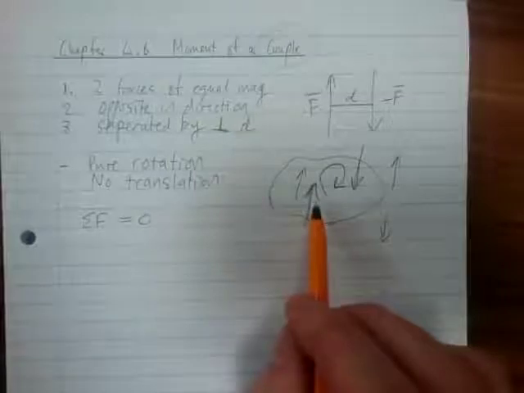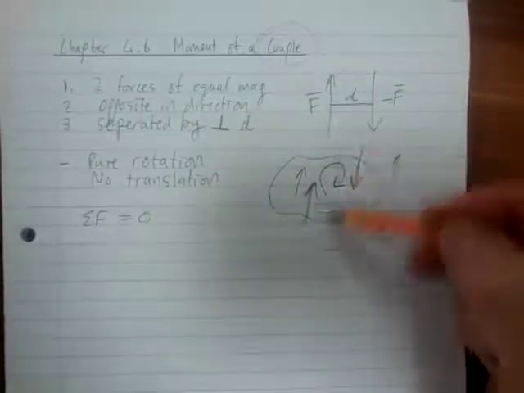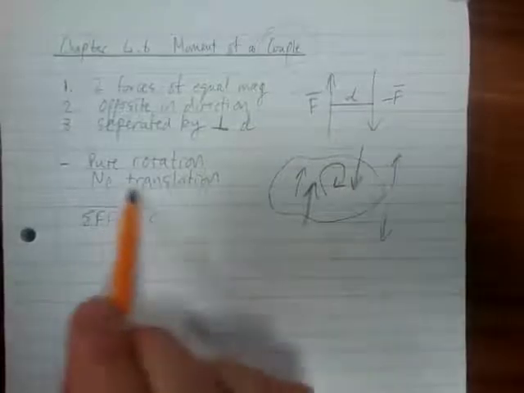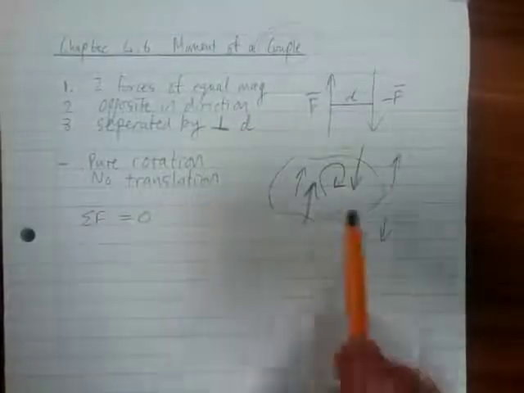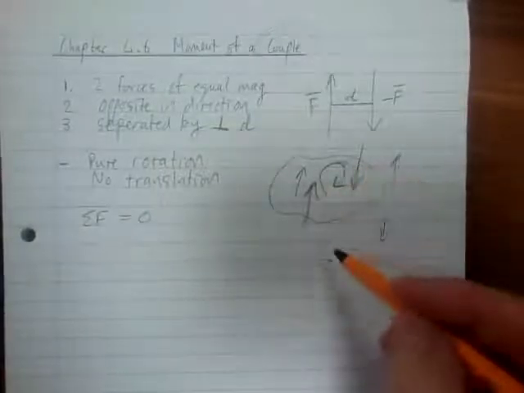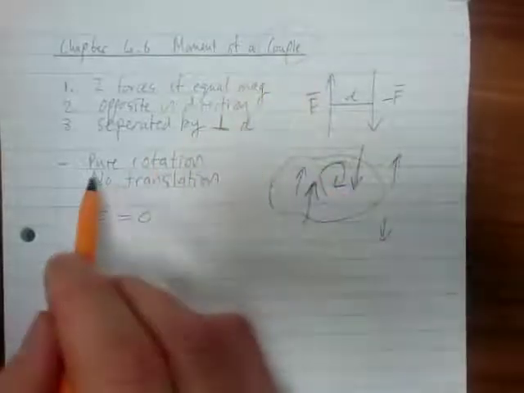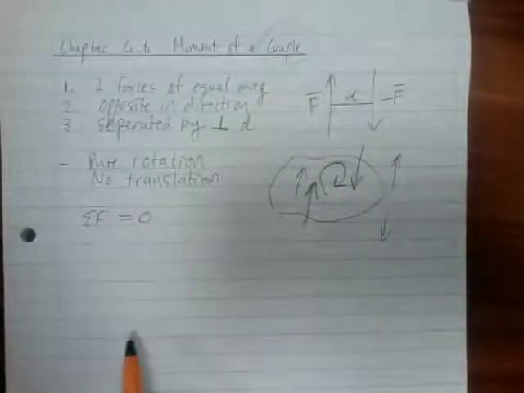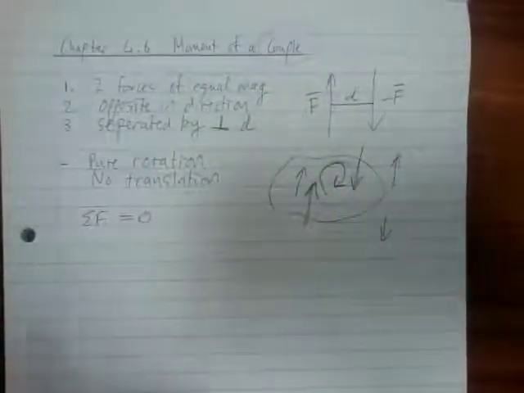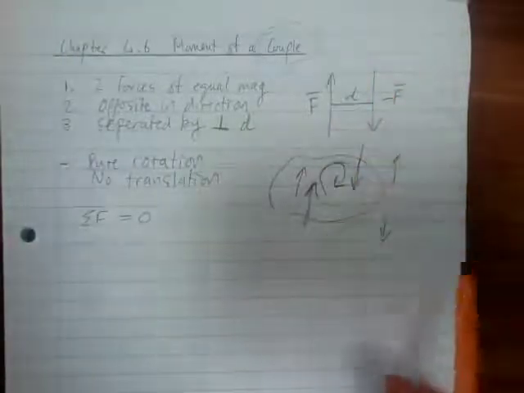Does that make sense, guys? That force is cancelled out by that force, so there's no translation. But because there's this perpendicular distance, it wants to cause a rotation. So that's why a couple causes pure rotation, no translation. Please understand that. That is quite important.